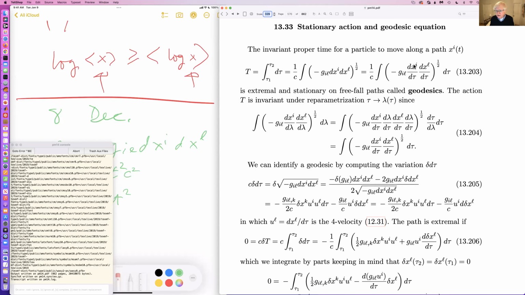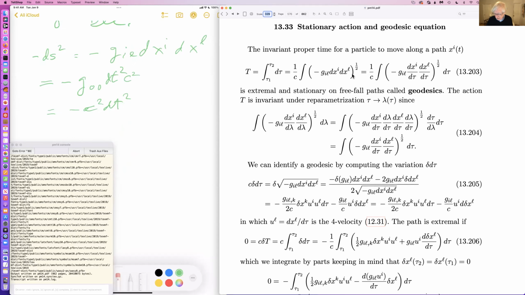And it's extremal and stationary on free fall paths called geodesics, which of course is just the principle of least action, that if this is the action, then setting the variation of the action equal to 0 gives you the classical equations of motion.